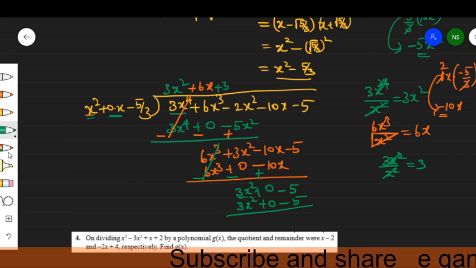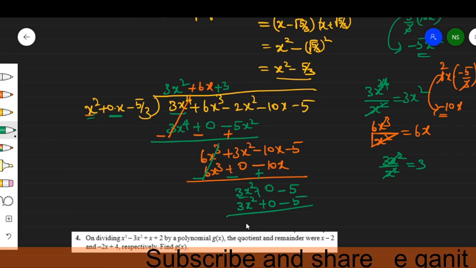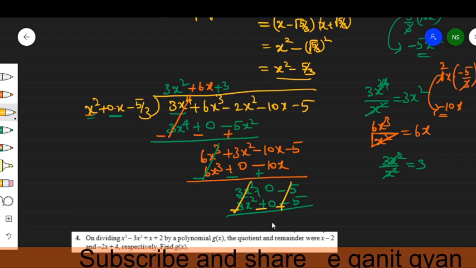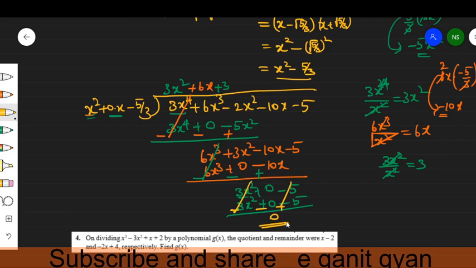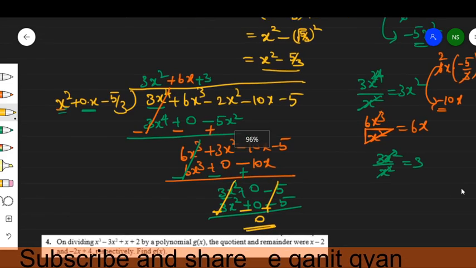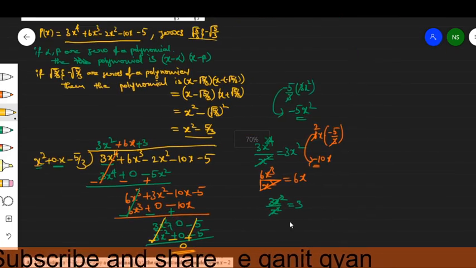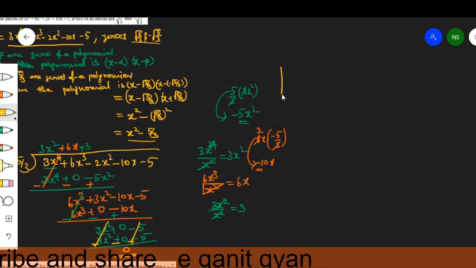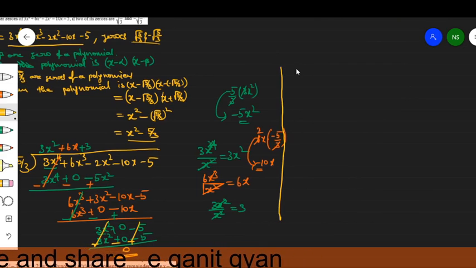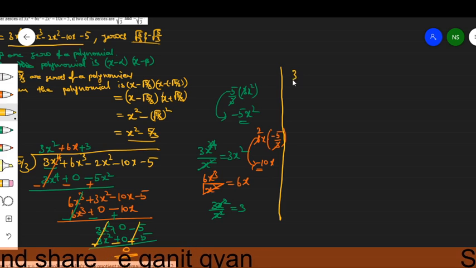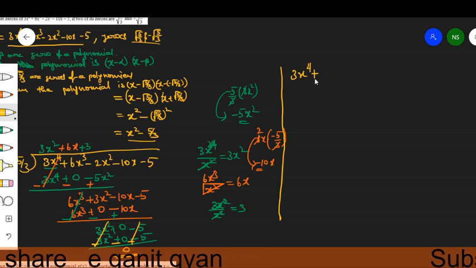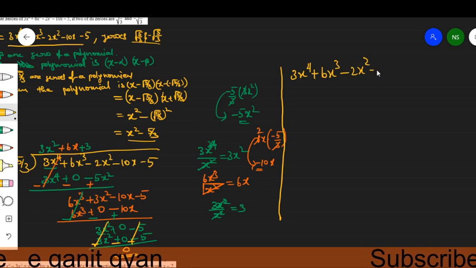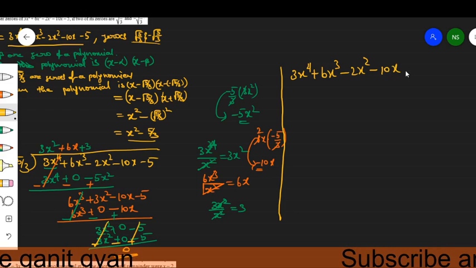Then finally, we can subtract these two by changing the signs, so we will get finally 0. Now, what do we have to do? We are not yet getting the zeros of that particular polynomial.